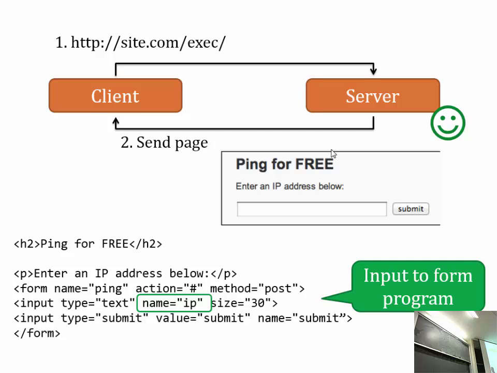So if you hit submit, it's going to provide whatever you typed in here as an IP to this current site as a POST request. Okay? So now on the server side, there's something that's going to interpret a POST request that has an IP set. Okay?